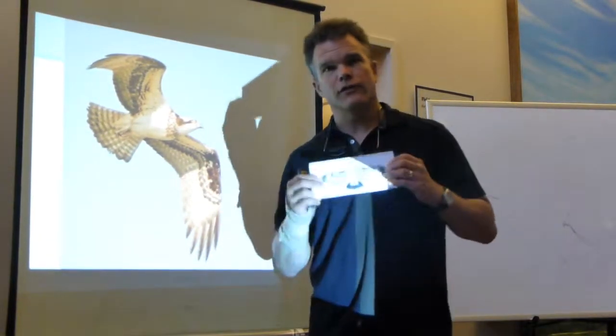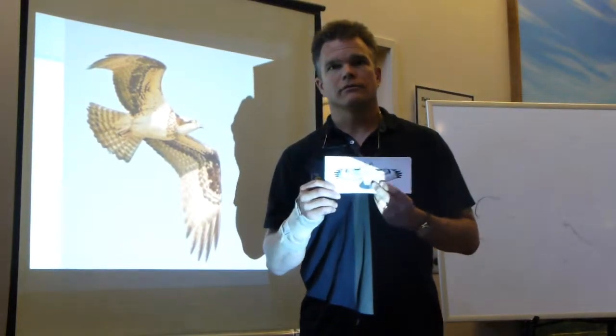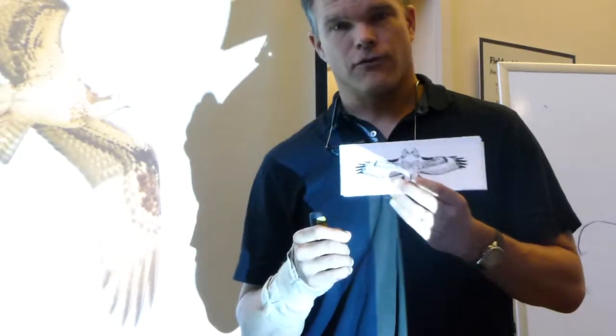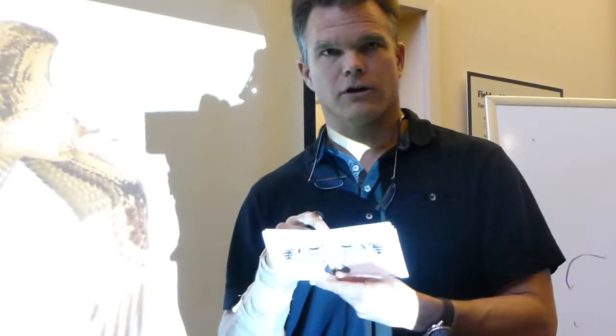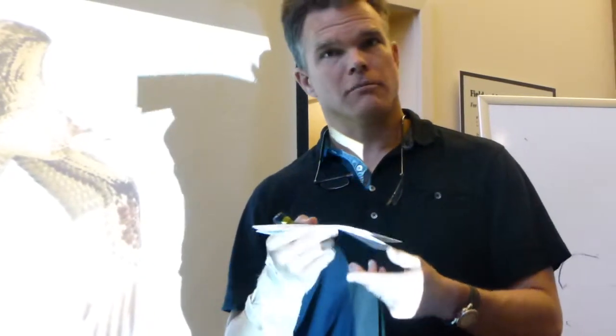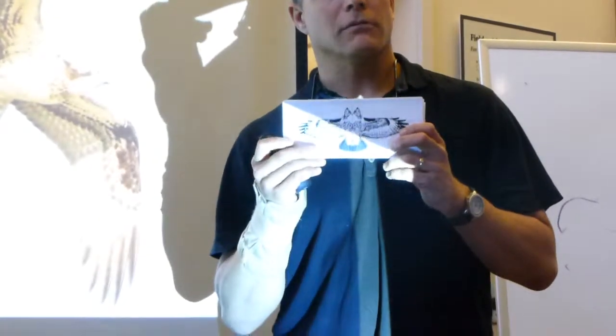So for friends at home, I'm going to post on the website a sheet where you can download this little template. If you go to johnmuirlaws.com and hunt around a little bit, you'll be able to find where you can download this sheet.